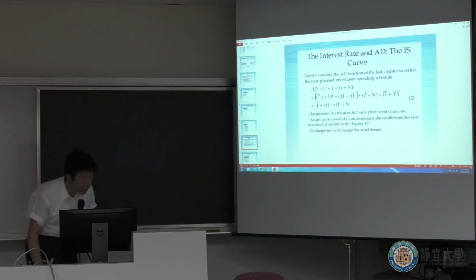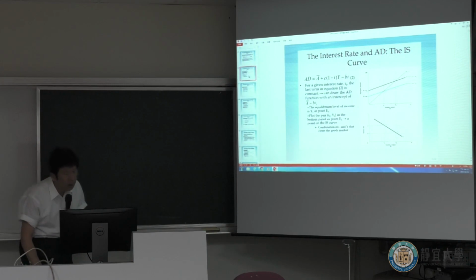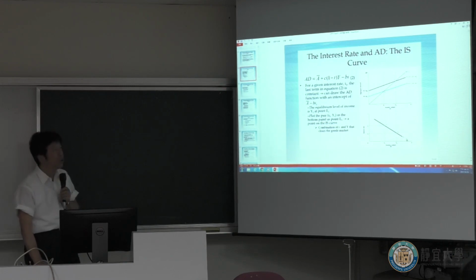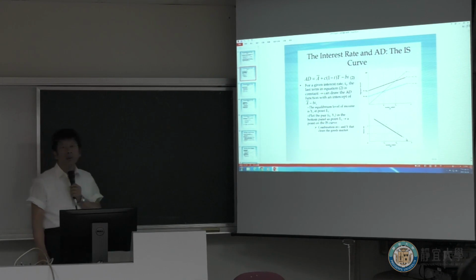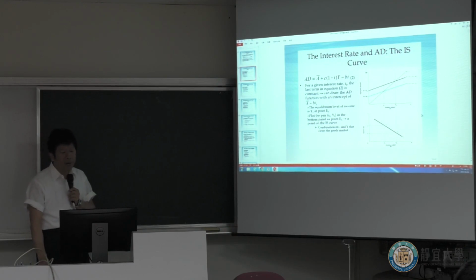And the other one we can also try to find, from the 45 degree line, is the equilibrium income. Then we can also look at the IS curve. It represents the nominal income divided by price, okay?